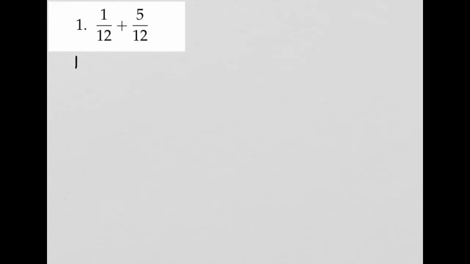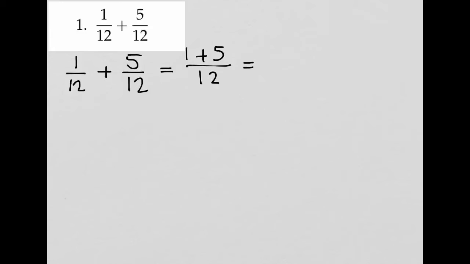So 1 over 12 plus 5 over 12. Since the denominators are equal, I'm simply going to add the numerators, 1 plus 5, and divide by 12. This is 6 over 12, which simplifies to 1/2.